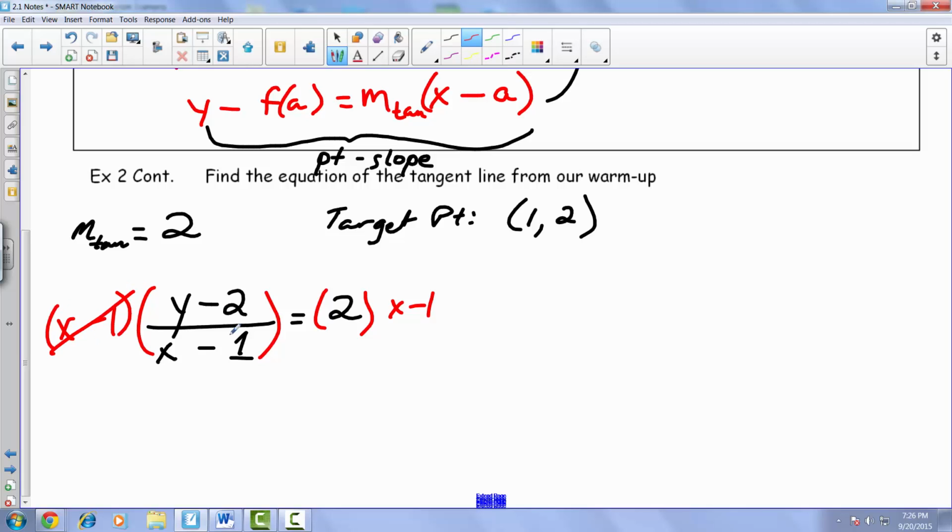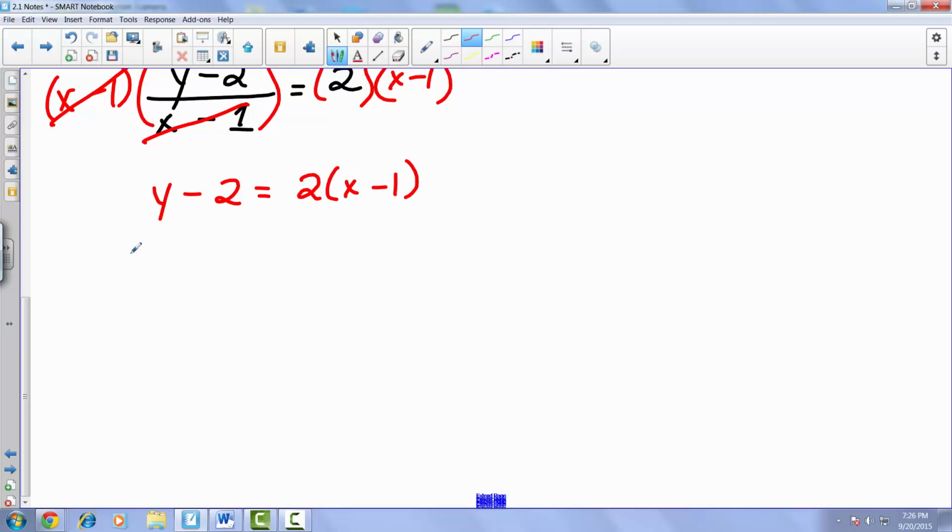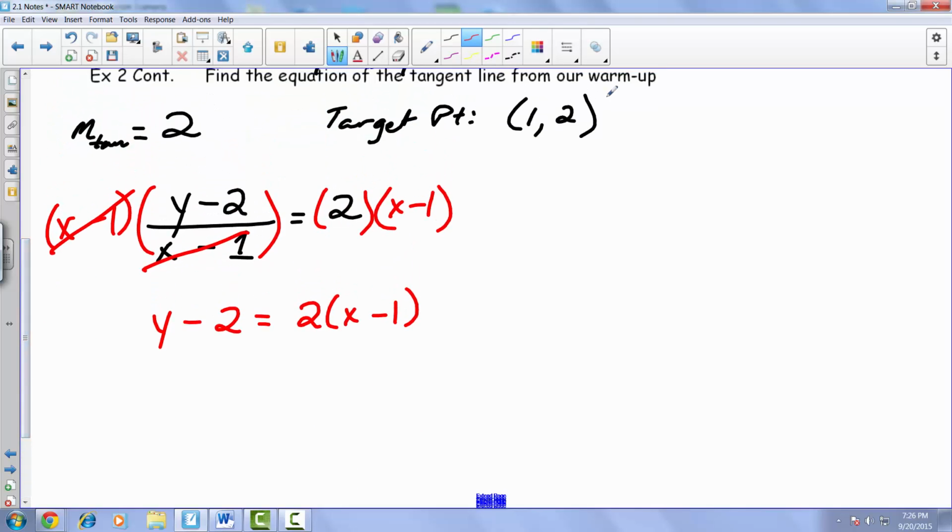On the left side, the x minus 1 cancels out, leaving us with just y minus 2. On the right side, we have that tangent slope times x minus that target value happening right here. So we end up with 2 times x minus 1. Just so you can see the final form matching our definition, we're going to add 2 to both sides.